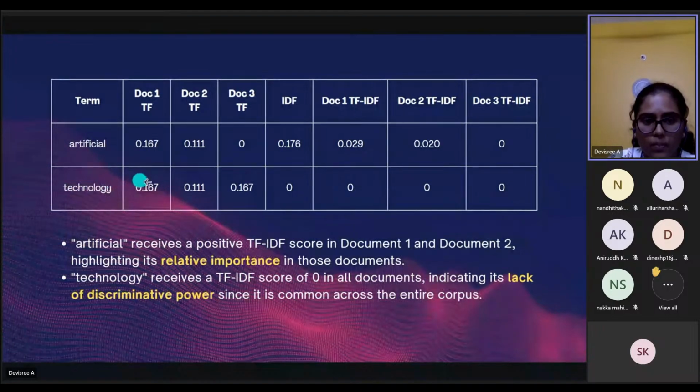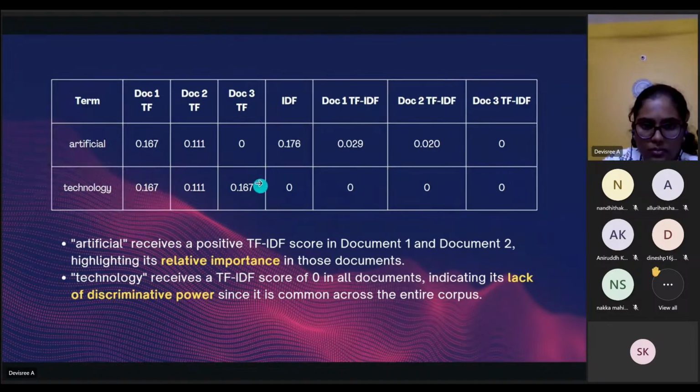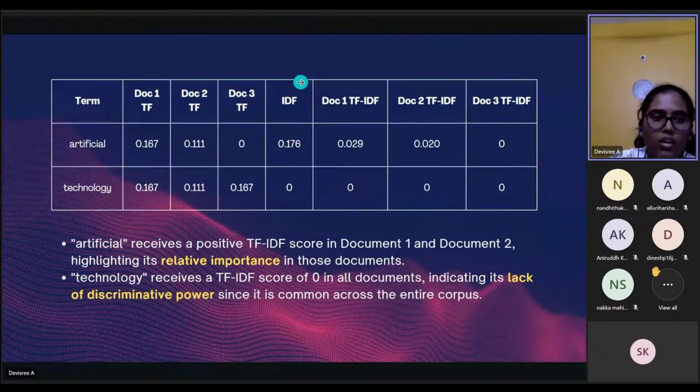Similarly, for technology, it is calculated for each document. This calculation is done based on the formula I showed before. Whereas the IDF score is calculated for the entire corpus, for the entire collection of documents. So there'll be only one IDF value and not one for each document.